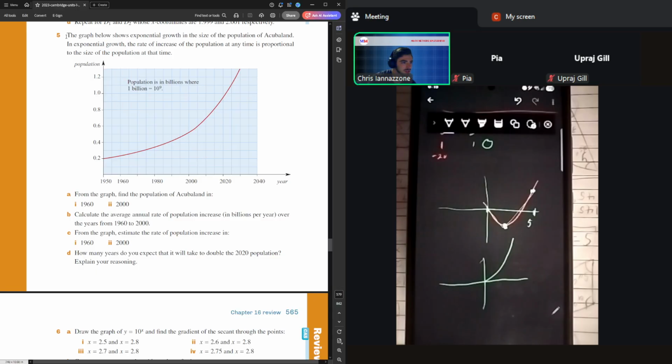Here's a bit more of an application. It's question 5, have a read of what's going on there. The key thing to do would be part B on this one.